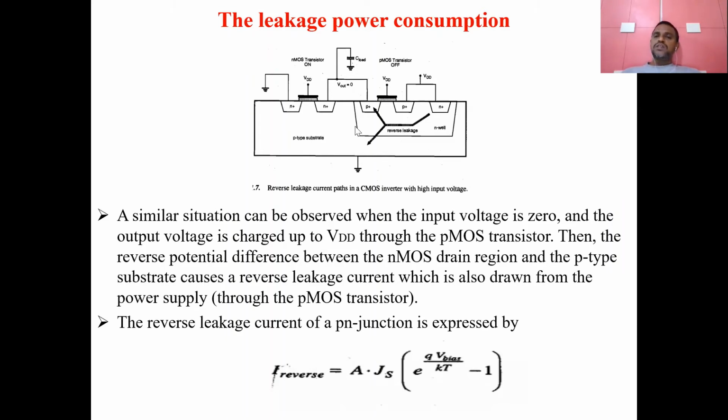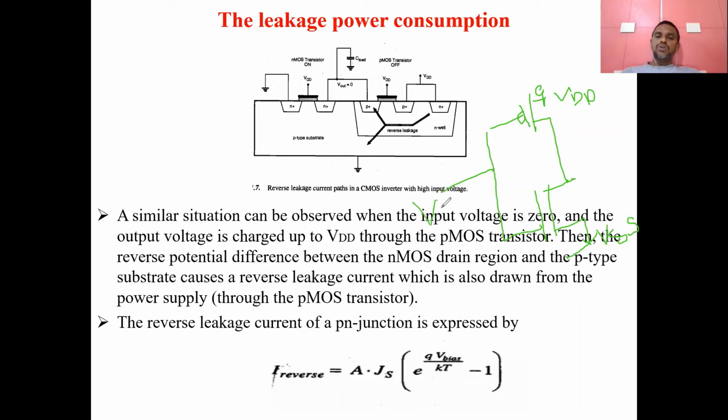If you consider an inverter circuit like this, a CMOS inverter, this one is the NMOS transistor and this one is the PMOS transistor, and this is VDD. And this one is VSS, or we can also call it ground.